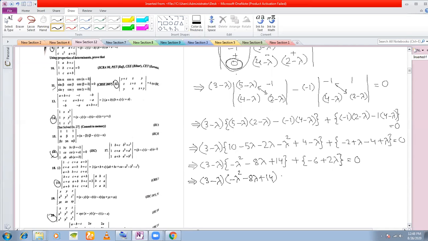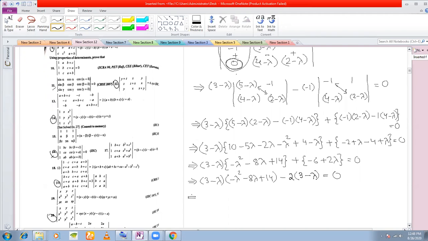But here, if I take the HCF 2 out, this becomes 3 minus lambda. That is why we don't multiply.